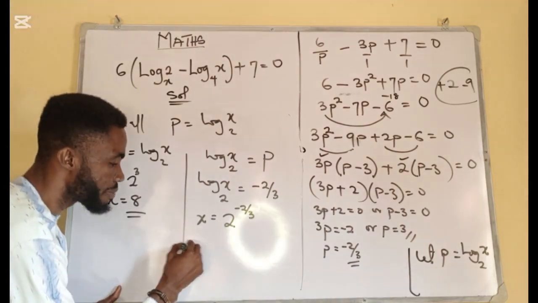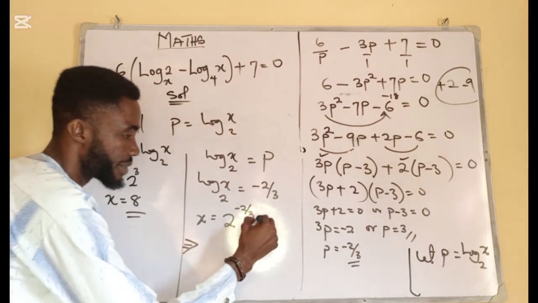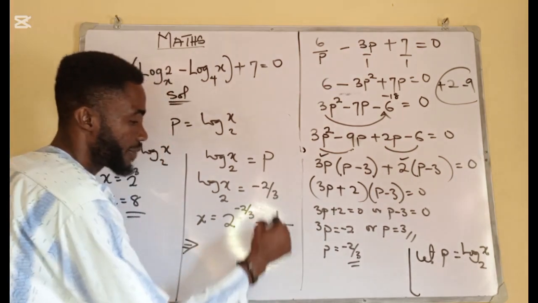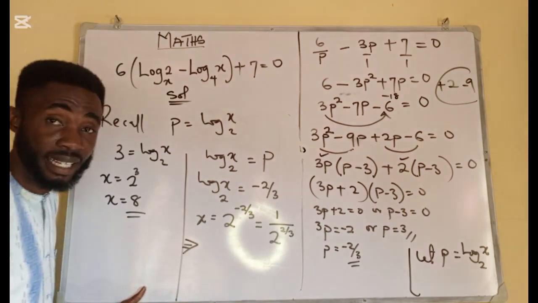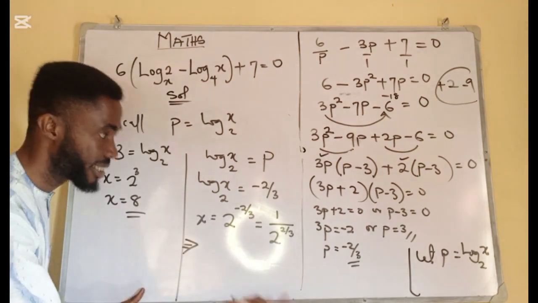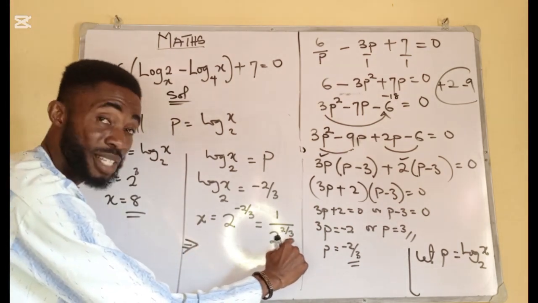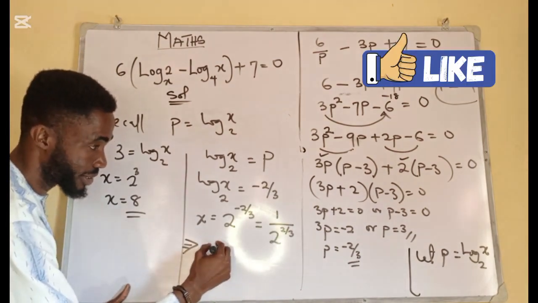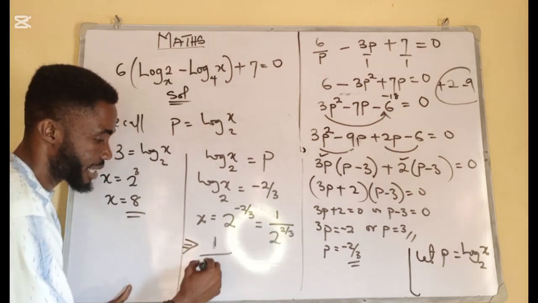So guys, would you agree with me now. This guy can be written as, let's take the reciprocal, 1 divided by 2 power 2 over 3. It's still the same thing by law of indices. And since this is the denominator of the fraction, the 3 can be the cube root.